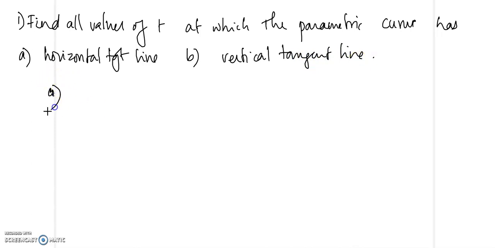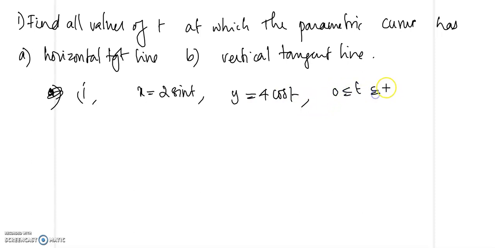The first problem is: we have x equal to 2 sine t and y equal to 4 cos t, where 0 less than or equal to t less than or equal to 2 pi.